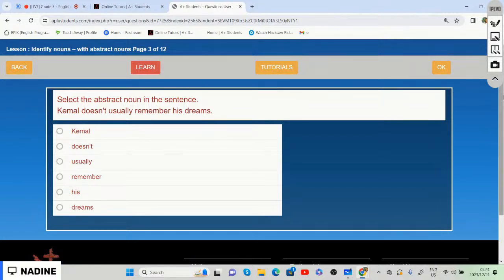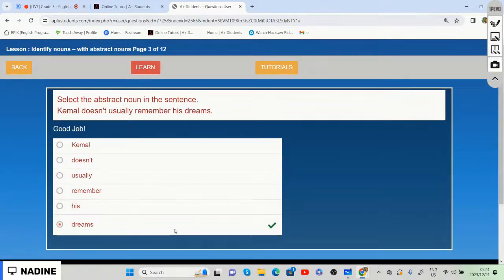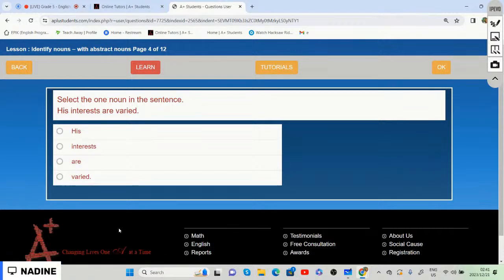All right, then if we choose the correct one, we're going to choose dreams. We're specifically choosing dreams because dreams is not something that you can see, touch, or feel. Remember is an action, right?